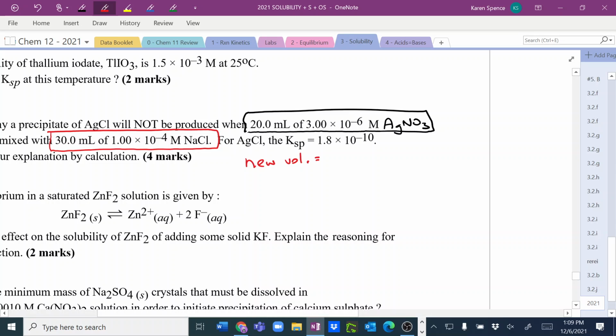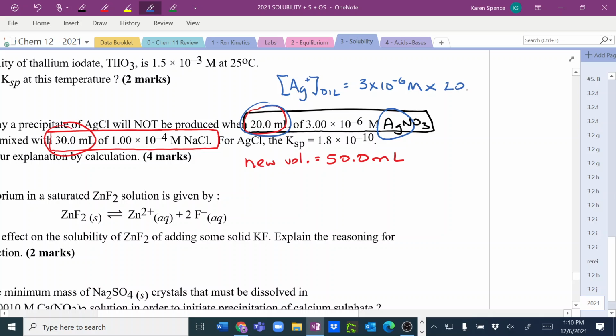Anyway, so new volume is 20 plus 30, which is 50 milliliters. So the concentration of silver diluted, that's our new concentration, is equal to our old concentration, 3 times 10 to the minus 6 molar, times our old volume, 20 milliliters, over our new volume, 50 milliliters.